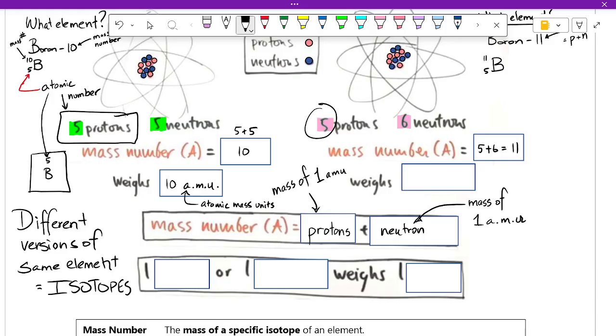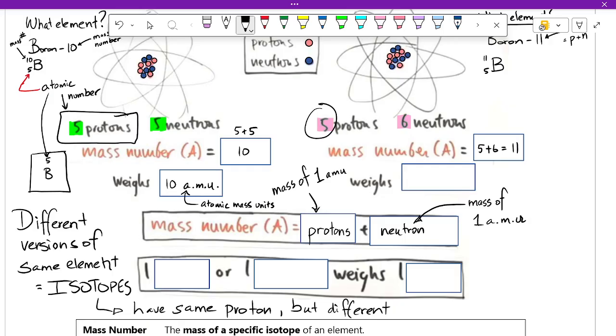What do isotopes have that is the same? They have the same protons, but different... Is it electrons or is it neutrons?